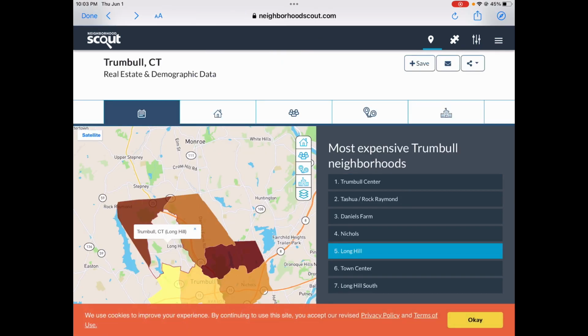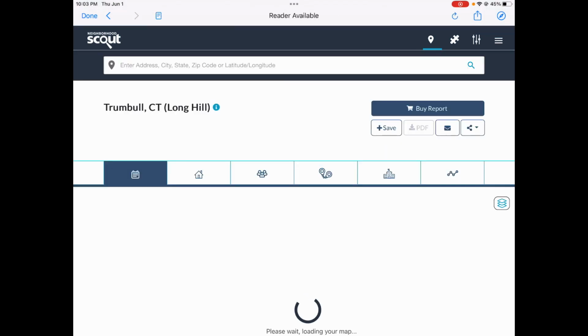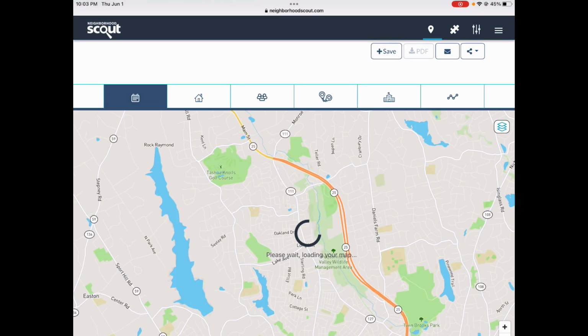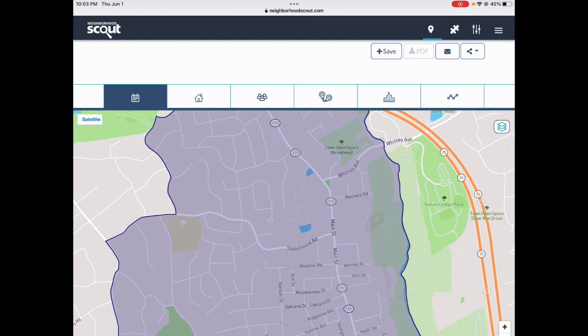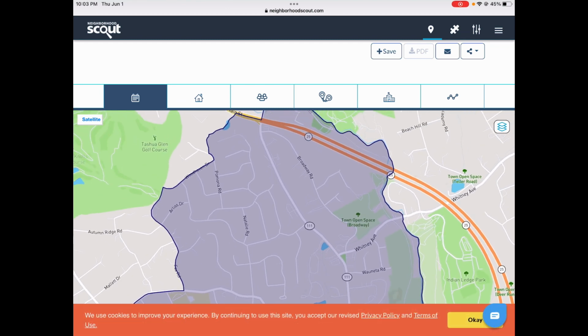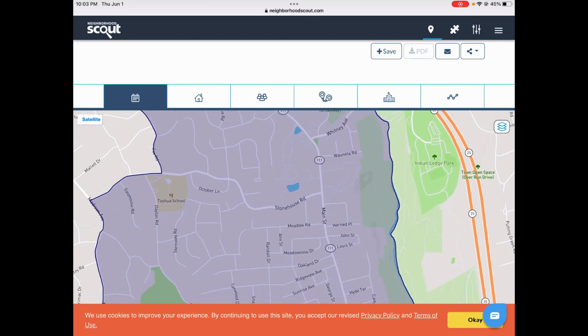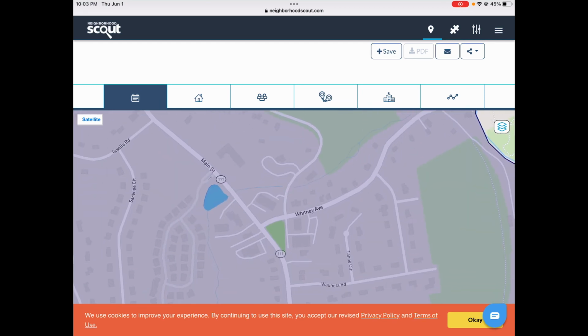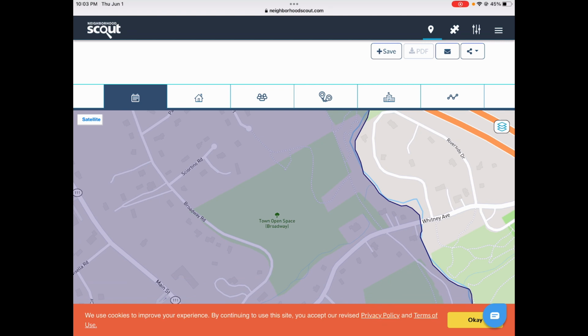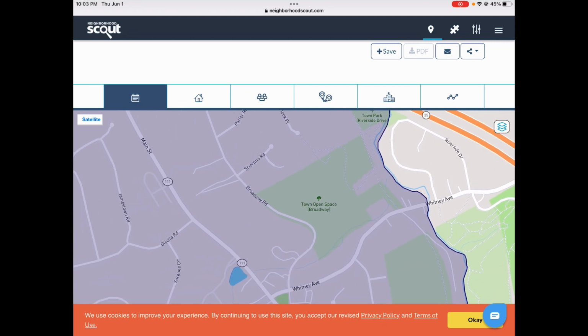And there's also Long Hill, which is where the Trumbull Town Hall is today. The Trumbull Center area is where the old town hall used to be, but in today's world, this is the new Trumbull Town Hall that has been there for over 66 years, off of Main Street and Whitney Ave.